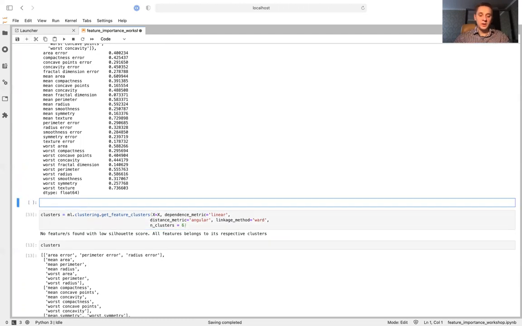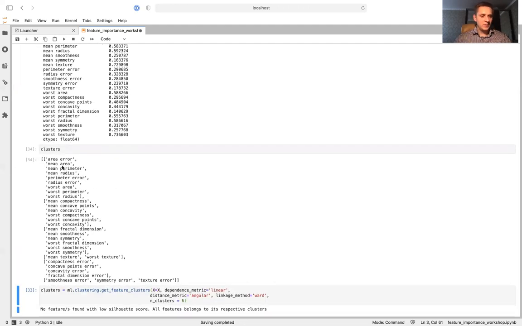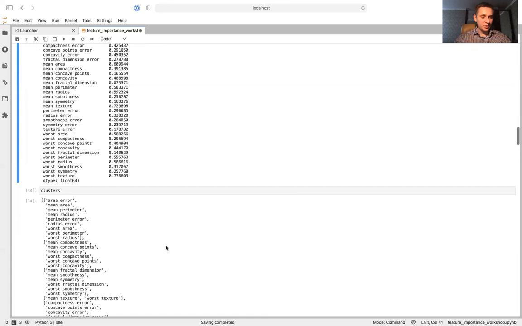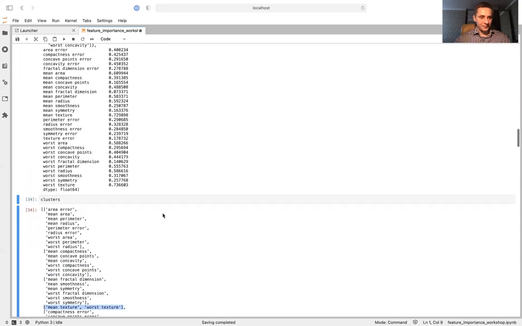If we look here, the clusters generated by hierarchical clustering are a bit different. For example, k-means created a separate cluster of mean texture and worst texture. The agglomerative clustering technique made the same cluster for mean texture and worst texture.